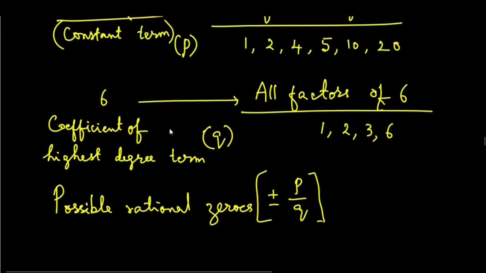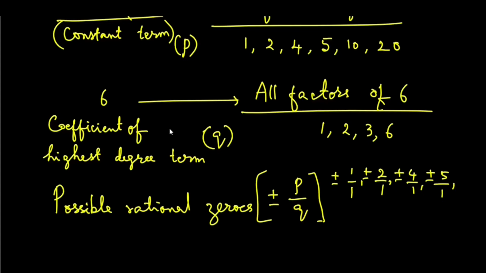Here, what are the values? Plus or minus 1 by 1, plus or minus 2 by 1, plus or minus 4 by 1, plus or minus 5 by 1, plus or minus 10 by 1, plus or minus 20 by 1. Then divide by 2.